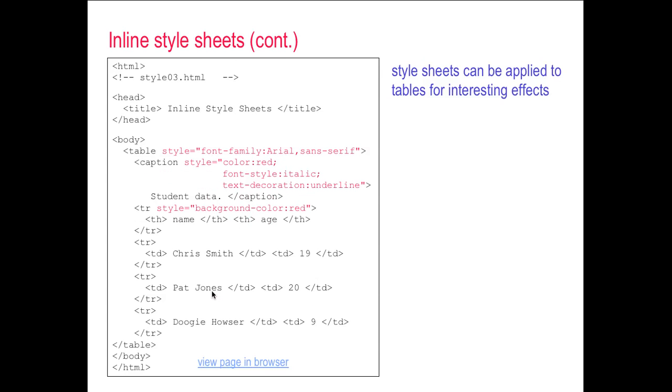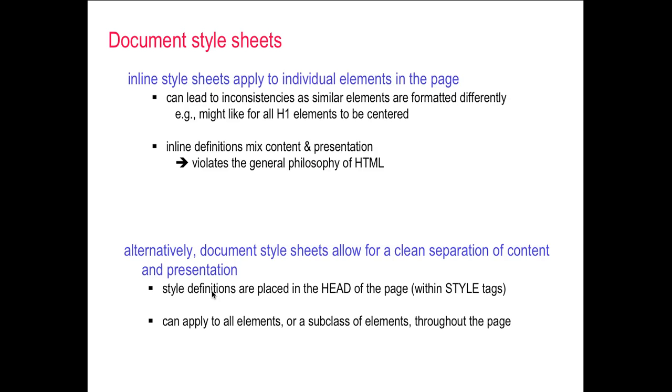So the interesting thing with an inline is if you have a table, and in the table you want to change the font size to make it smaller so the table appears smaller, then it makes sense to apply the style to the table instead of applying it individually to each one of the table items. So then we have document style sheets.